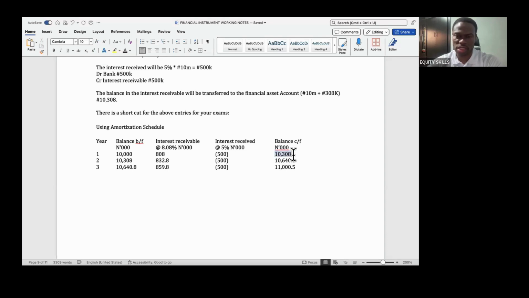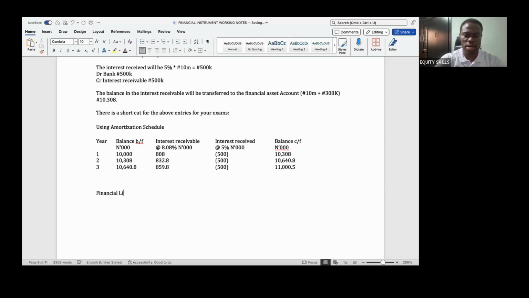Like in year 1, this 10,308 will come in under non-current assets because the amount is due after more than 1 year. But in year 2, since the repayment is next year, within 1 year, it can come in as current. When we liquidate this 11 million, you're going to receive money, so you debit bank and credit the financial asset.